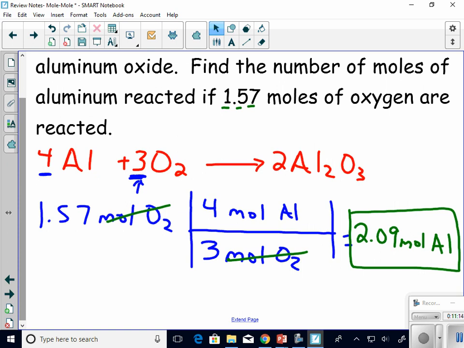Now, could I take it a step further and say how many moles of aluminum oxide I should get? I could do that. That would be a different molar conversion using a different molar ratio. But nonetheless, I could get that done.